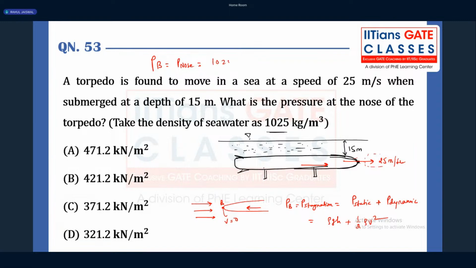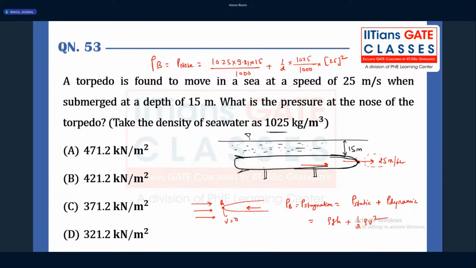So rho is 1025, into 9.81, into height 15. They are asking in kilo, so I am dividing by 1000. Plus half of rho, which is 1025 again divided by 1000 so that we can get kilopascal, into velocity 25 square.